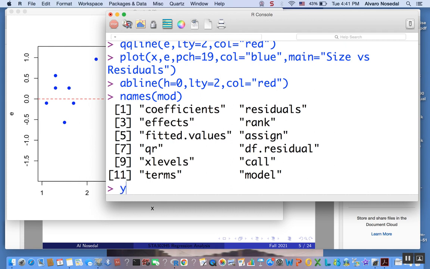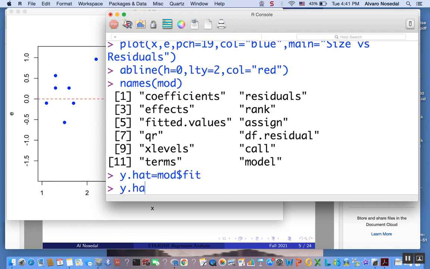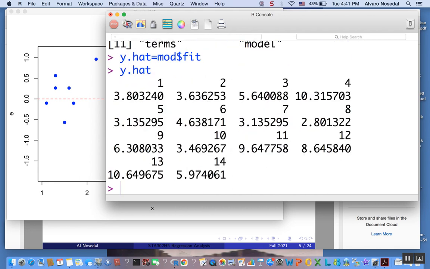So let me create an object called y hat, and it's going to be the fitted values for that model. And if we type this, just fit r, we'll understand that that's what we want. We should have just 14 numbers. Okay, so that's what we have, our 14 predictions corresponding to our 14 observations.